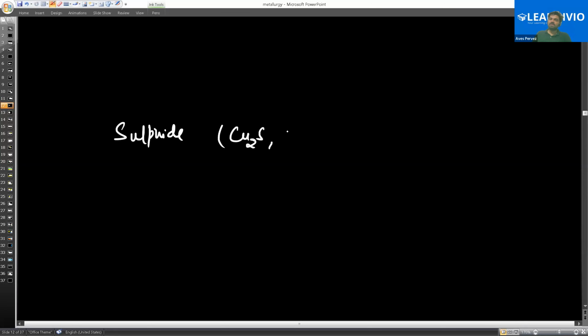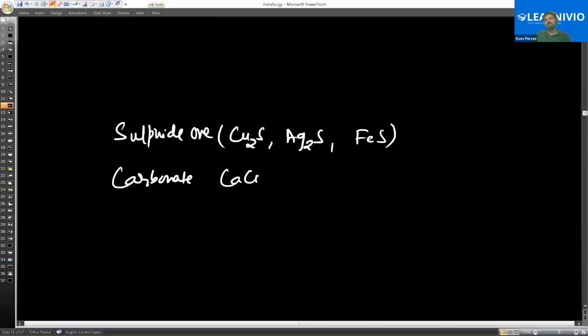The second type of ore is carbonate ore, that ends with the carbonate group, like CaCO3, ZnCO3, etc.